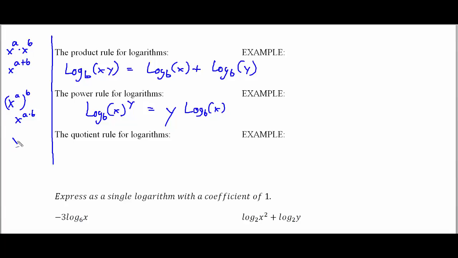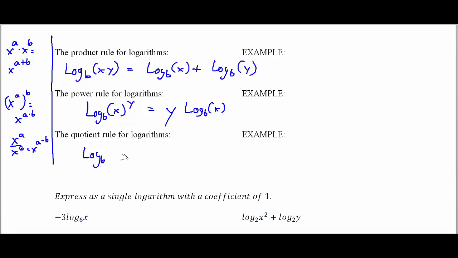Now the quotient rule, if we remember back to our exponential rules: if I have x to the a over x to the b, then I would have x to the a minus b. This is an equivalent statement, and these x's are all, of course, the same bases. So the quotient rule works like this.